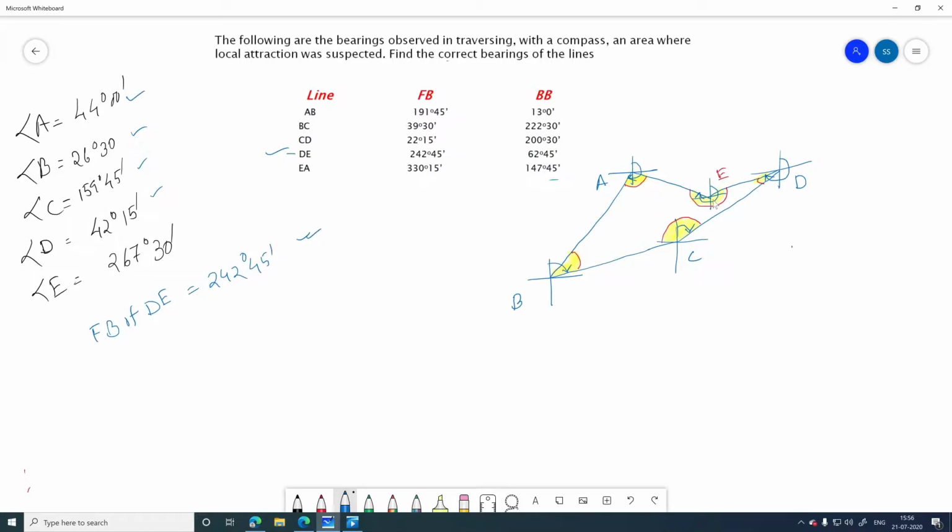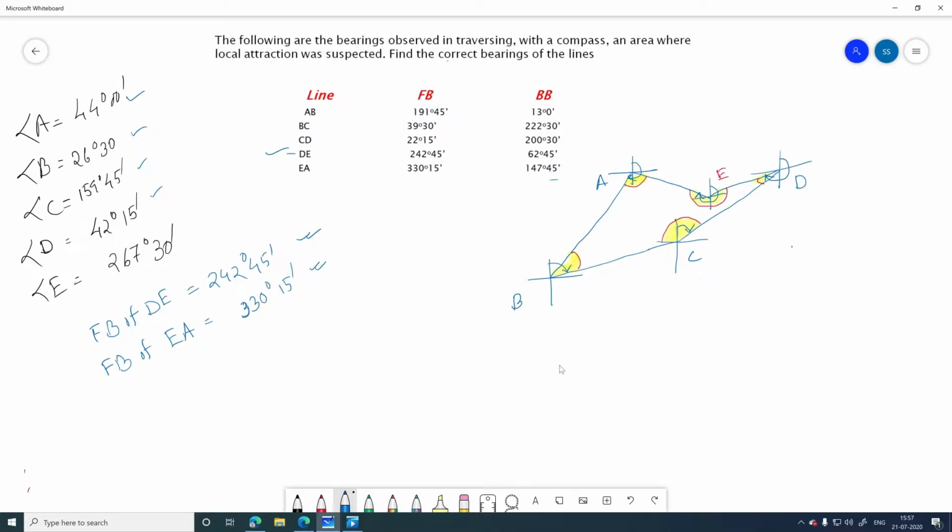Now the forebearing of EA is also correct, because the line DE is free from local attraction, and the value is 330 degree 15 minutes. Okay, this is also correct.